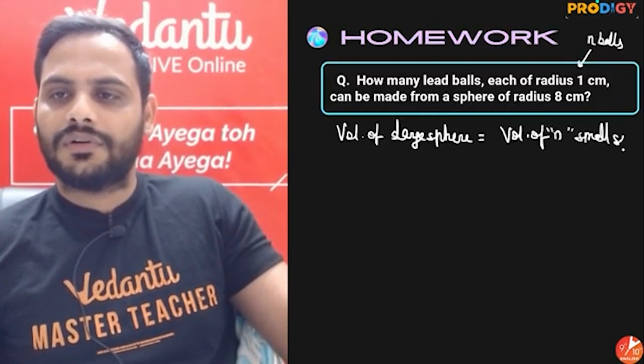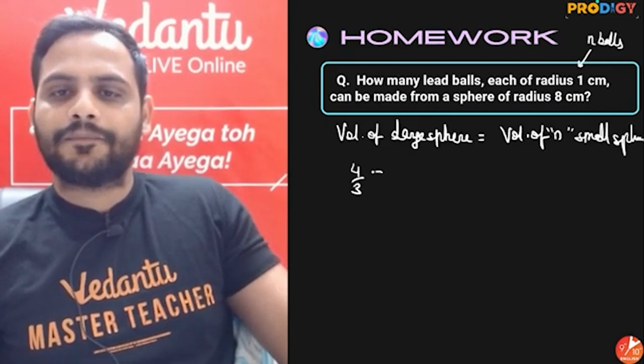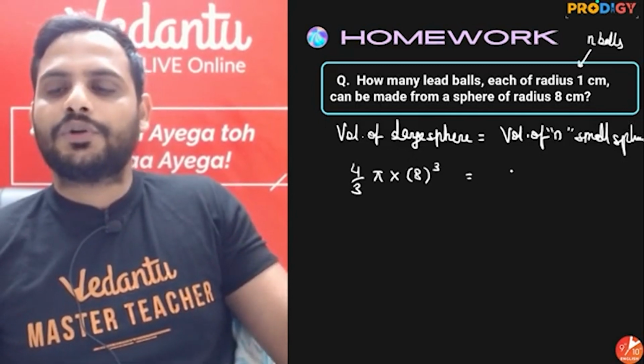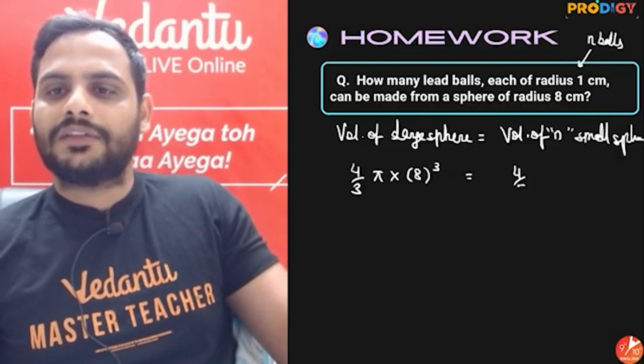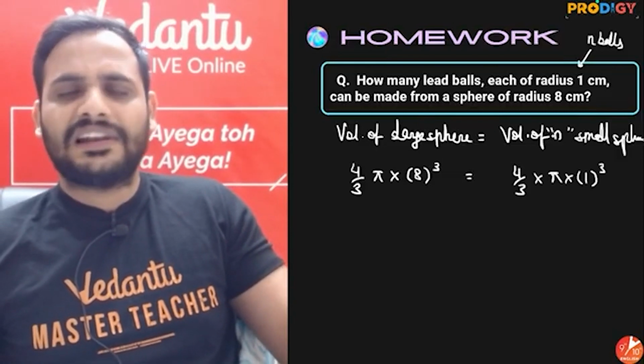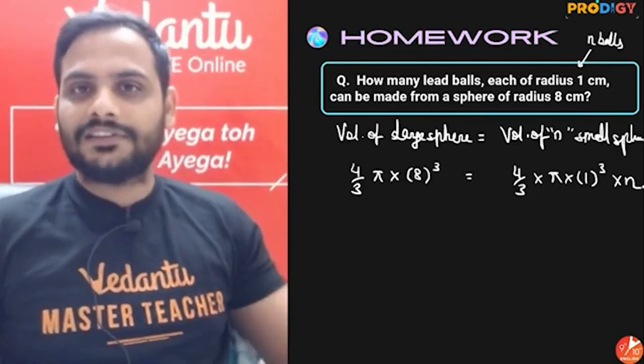Volume of large sphere is 4 by 3 into pi into 8 cube, equal to volume of one small sphere, 4 by 3 into pi into 1 cube, into n. Volume remains the same because we are only changing the shape.